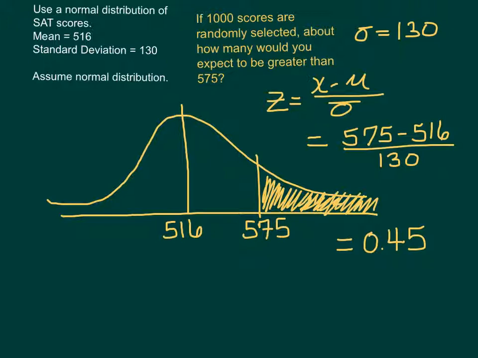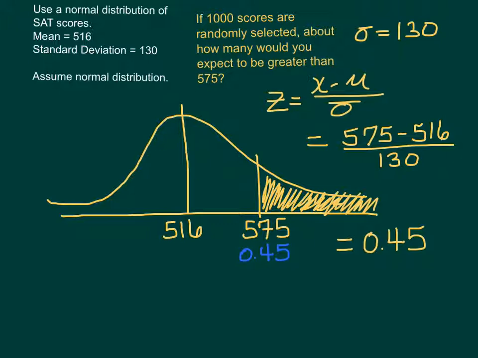So here's where we are. We're at 0.45 right here. Now I can use my positive z chart, or I can use technology. I prefer just using the chart. Generally, I'm a huge fan of technology, and I always encourage my students to use it. But for these, I just like to use the chart because it's so easy. So I'm going to use my positive z chart and look up a z-score of 0.45.